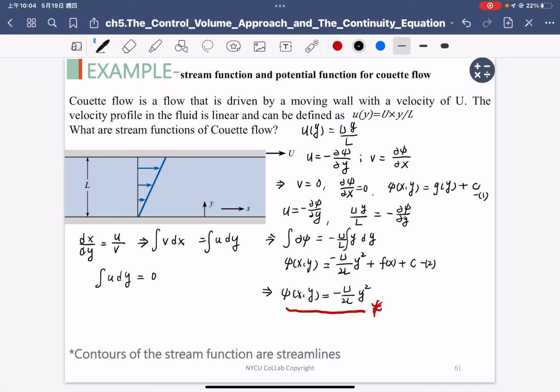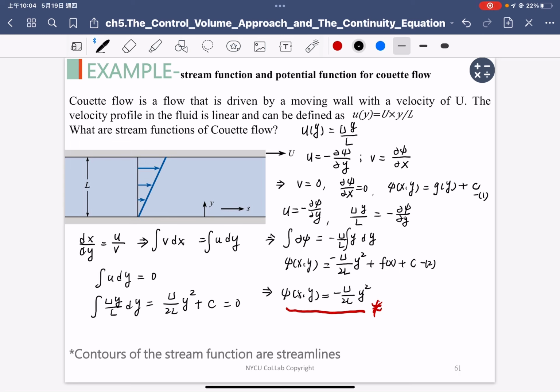So you already have the u velocity function, U y divided by L, and you can do the integration dy, which will equal to U y squared over 2L plus c, which will equal to 0.